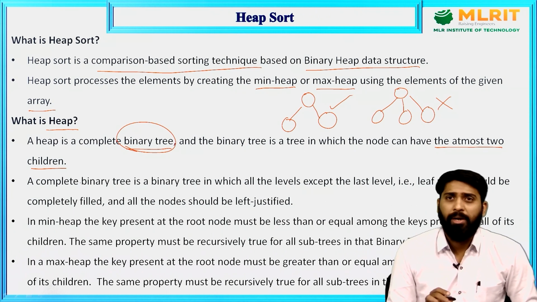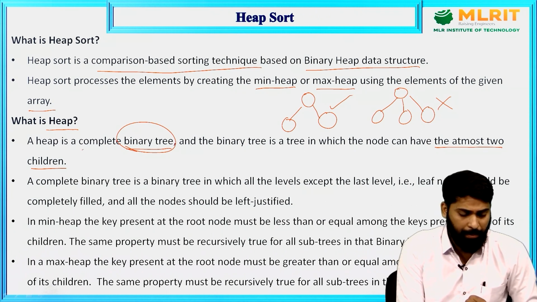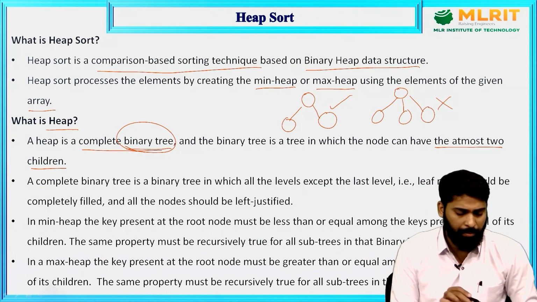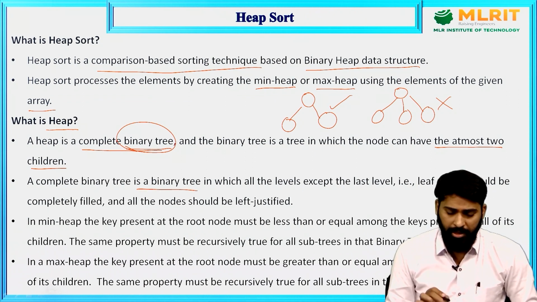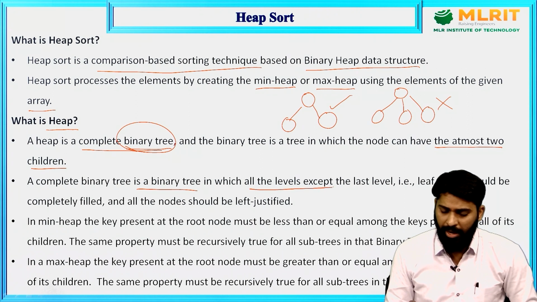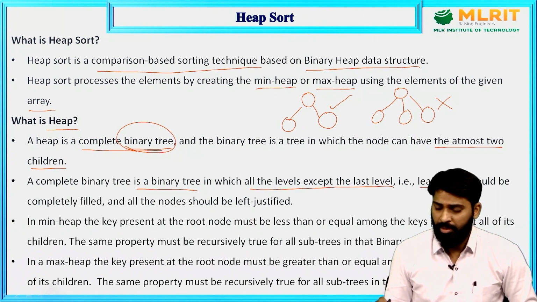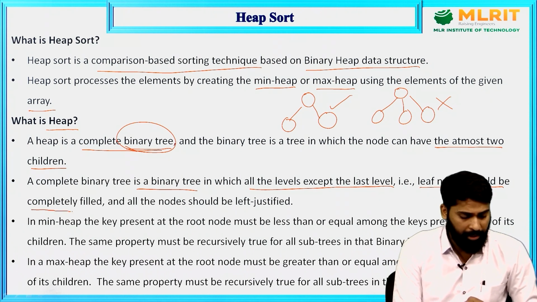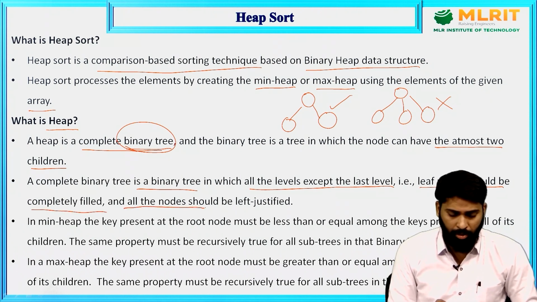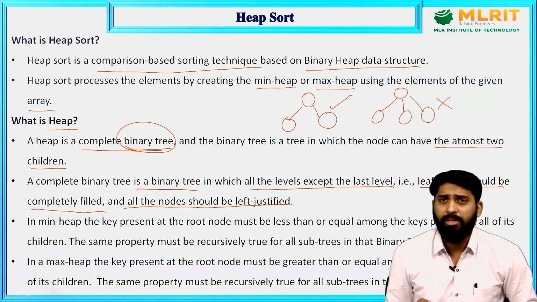But what is a heap? Heap is a complete binary tree. So what is a complete binary tree? A complete binary tree is a binary tree in which all the levels except the last level, that is the leaf level, should be completely filled and all the nodes should be left justified.